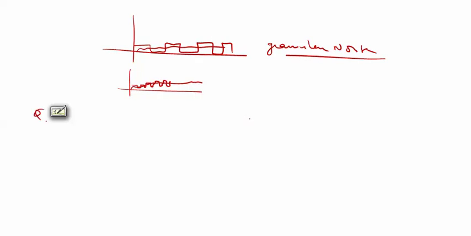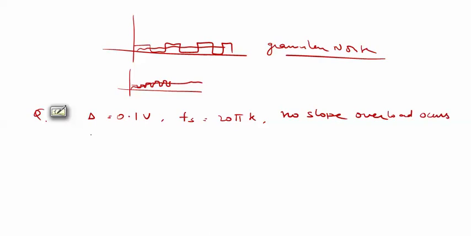Let us discuss one question regarding slope overload. Which of the following signals can be applied to a delta modulator whose step size and sampling frequency are given to us, such that no slope overload occurs? The condition is Δ·fs greater than m'(t) max.